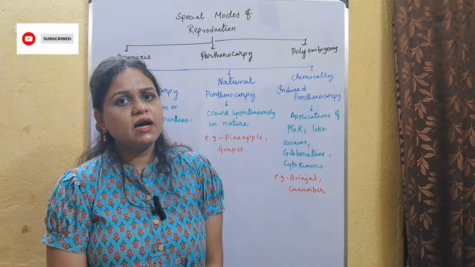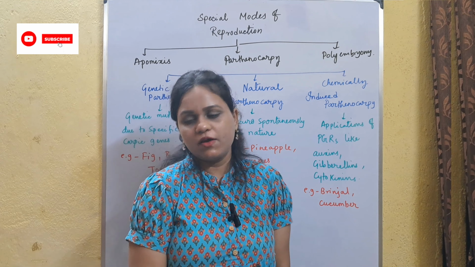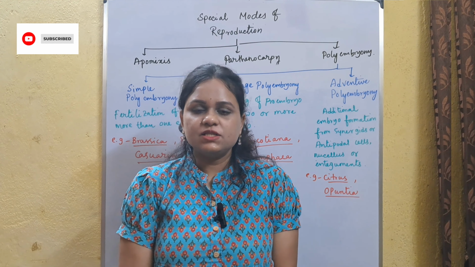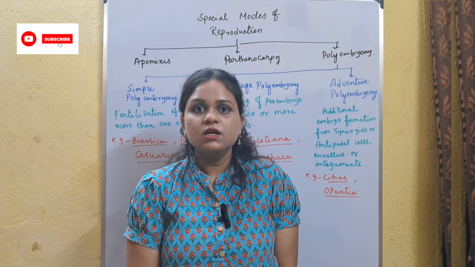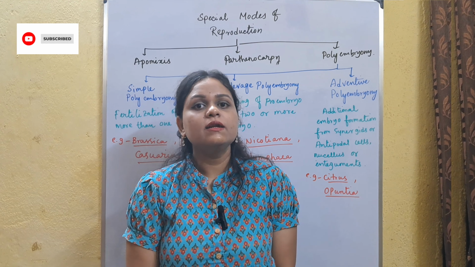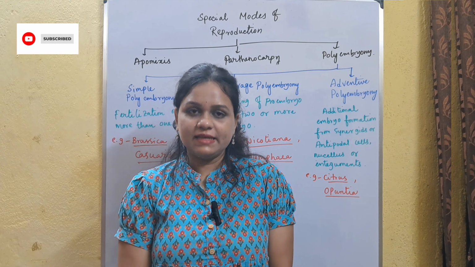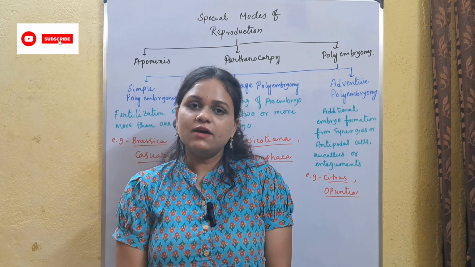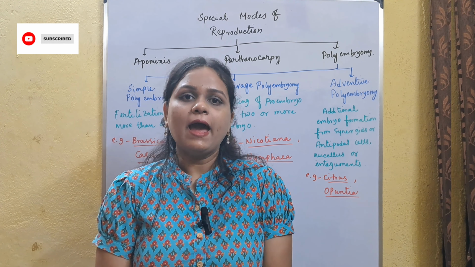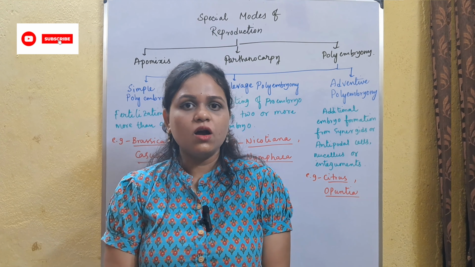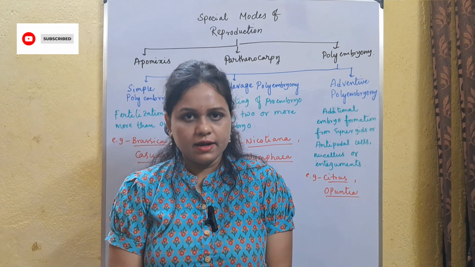Now coming to the next part, polyembryony. Polyembryony is the special phenomenon in which more than one embryo is formed from a single fertilized egg. It was observed by Anthony van Leeuwenhoek in the citrus plant.